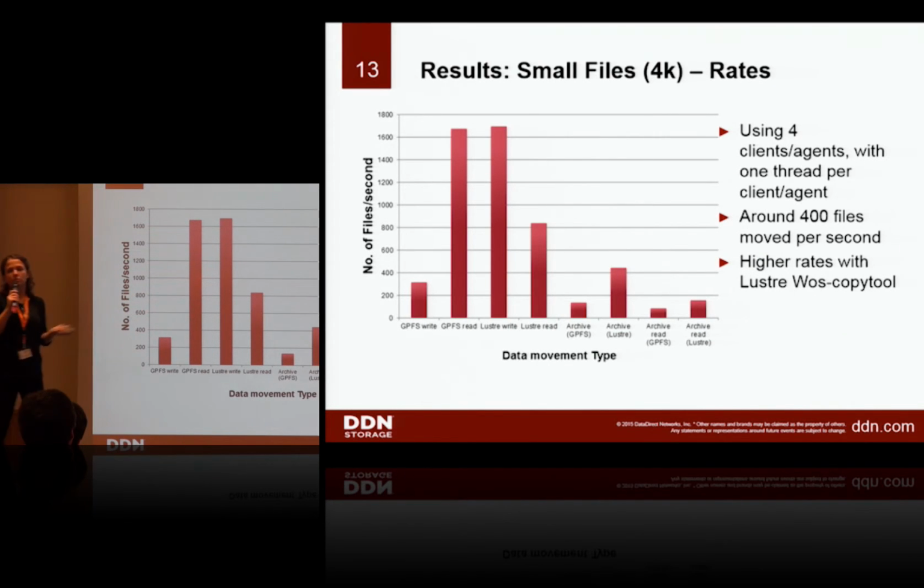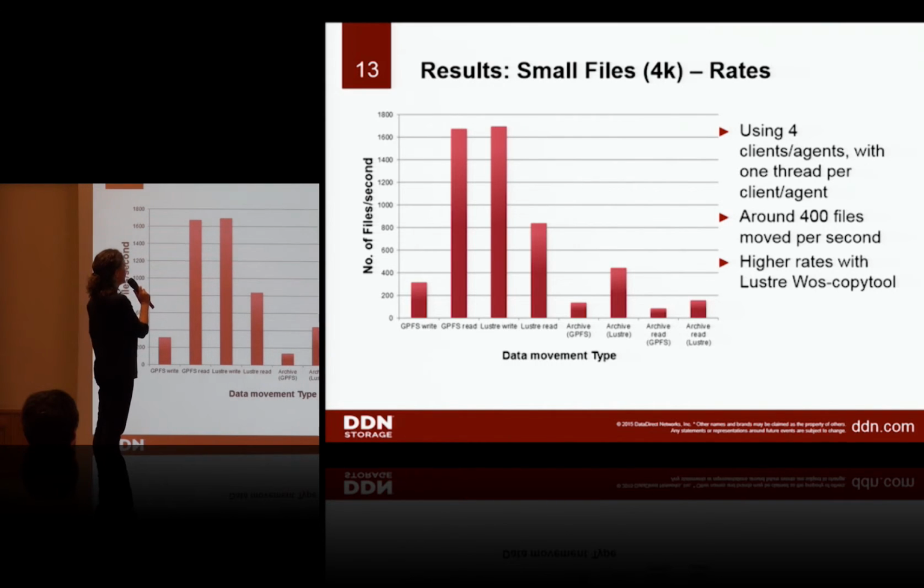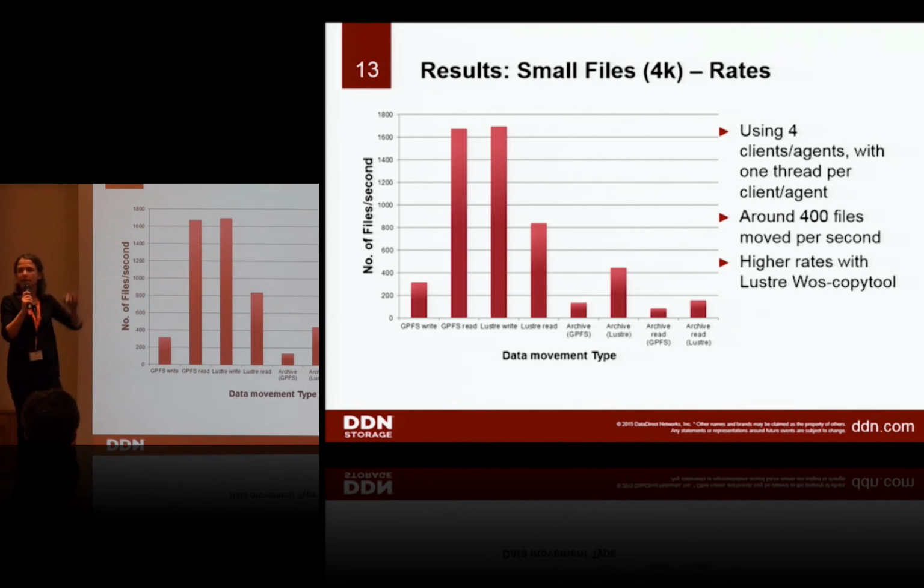We measured rates for small files as well. In the previous results, which I haven't mentioned, we were using 1 megabyte files and 100 megabyte files. Here we are using just 4K files. This is the rate, the average number of files per second moved to the object storage.